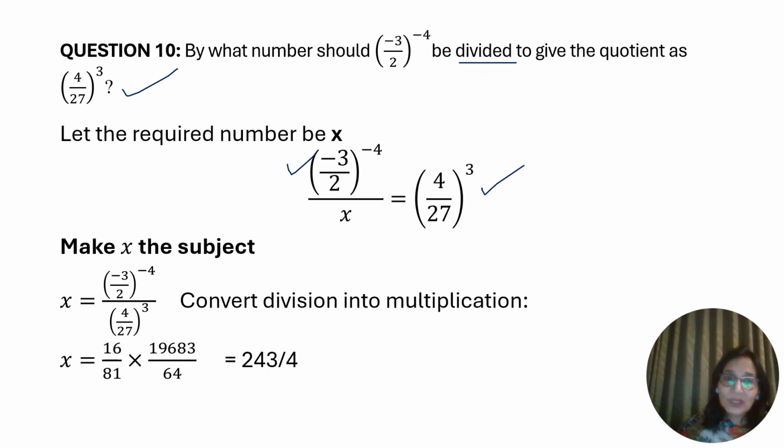Once you convert this, remember the step that negative converts into positive by reciprocating, and then you multiply it, reduce it to the lowest term, and this is your answer. So please understand, children, that you need to follow all the steps, read the question well, try to solve it yourself, and I'm very sure it will be easy for you.